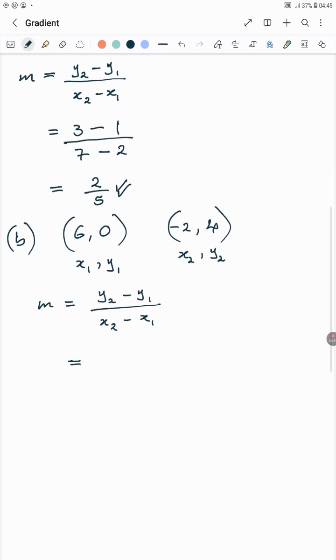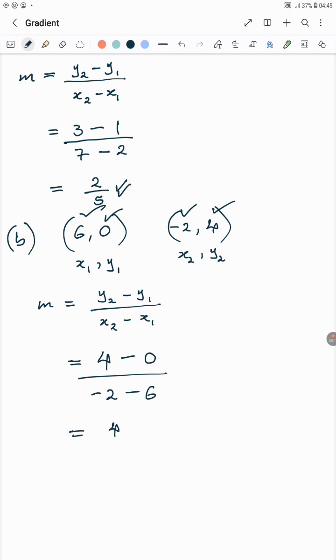So y2 is equal to 4, y1 is equal to 0, x2 is equal to minus 2, and x1 is equal to 6.